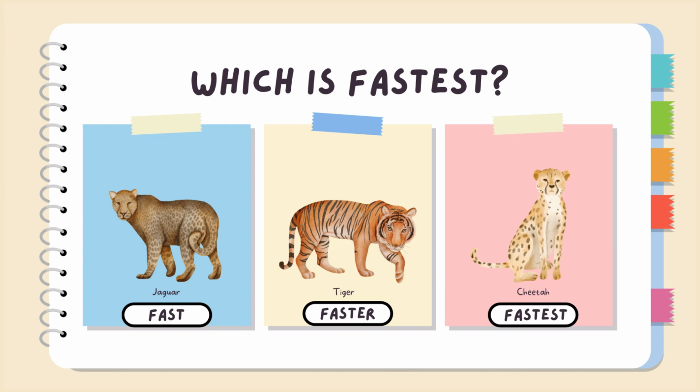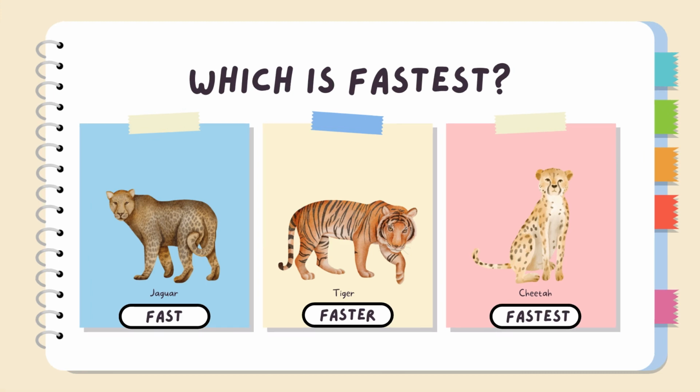Okay, so we have come to the end of our game, and the answer for the previous slide is, first, jaguar is what we would call fast. Tiger, faster, as tiger is faster than jaguar. And last but not least, cheetah, fastest, as cheetah is the fastest among all of the three animals included.